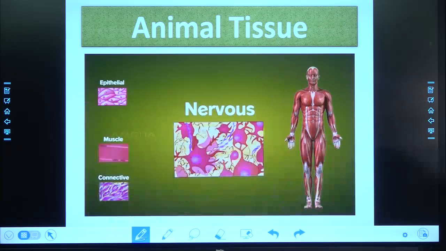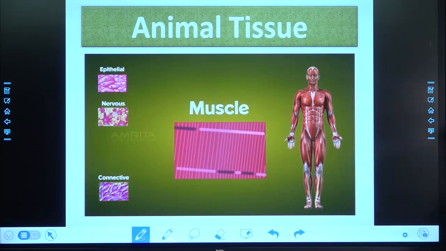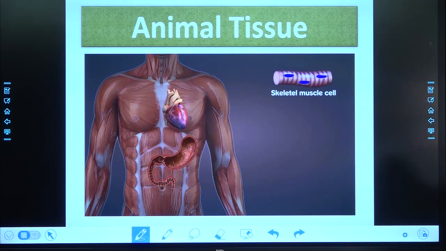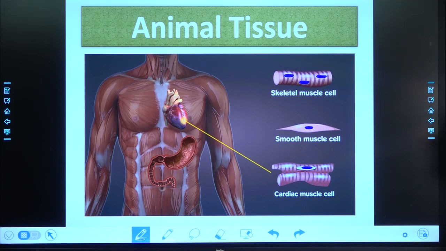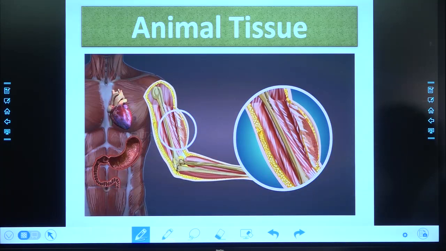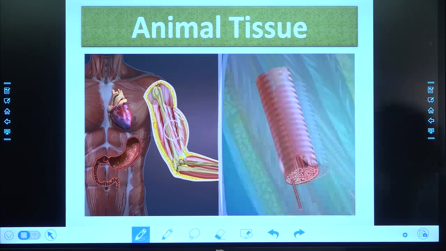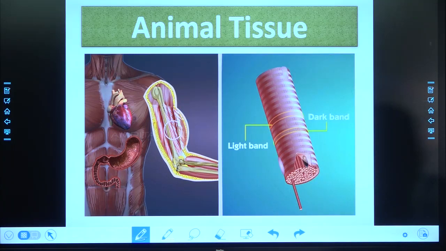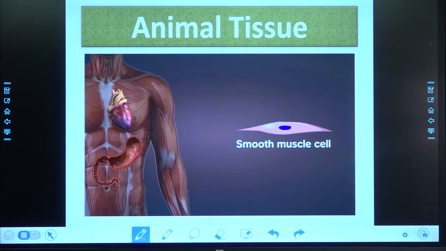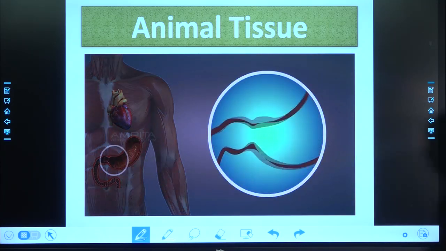The third tissue type is the muscle tissues that are responsible for the movement in our body. The three types of muscle tissues are skeletal, smooth and cardiac. The skeletal muscle helps in locomotion and other voluntary body movements. It is made of long fibers with alternate light and dark bands or striations, so skeletal muscles are also called striated muscles. Smooth muscle cells provide involuntary movements such as the contraction of walls.